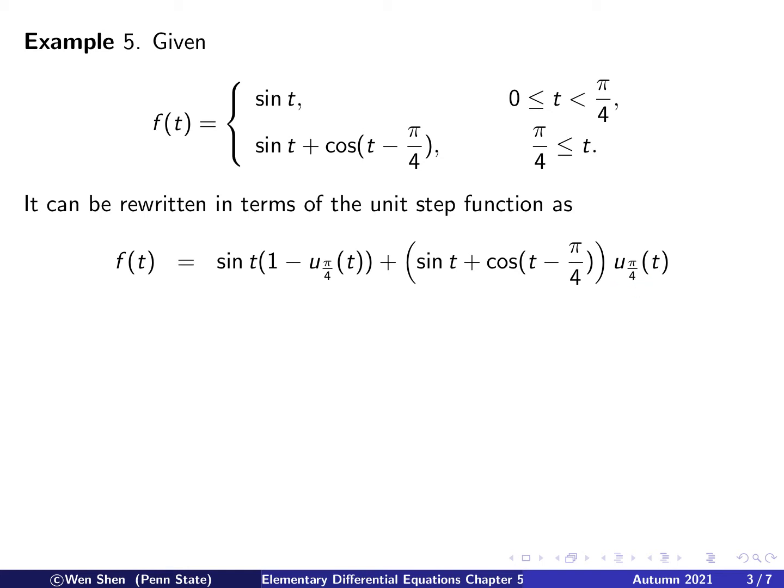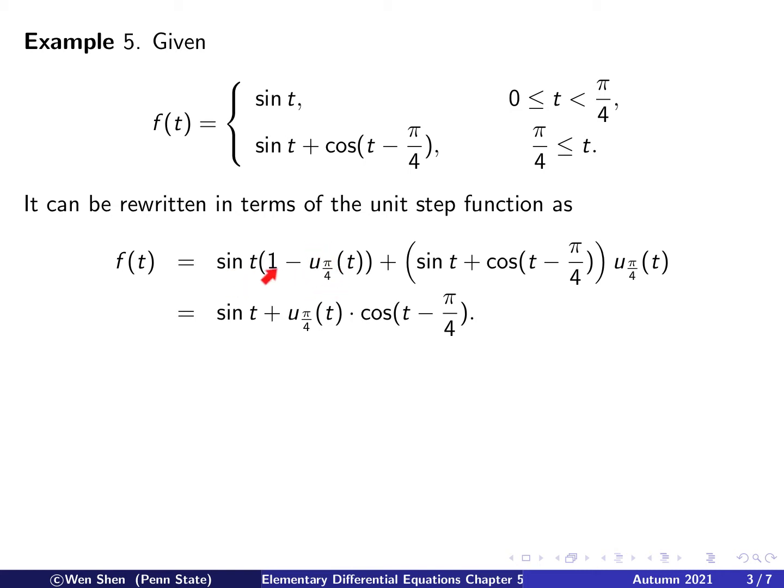Okay? And then we will look for simplifications. We would like to combine these terms together. We take the step functions out and put them together, and now we can collect terms with the step function.